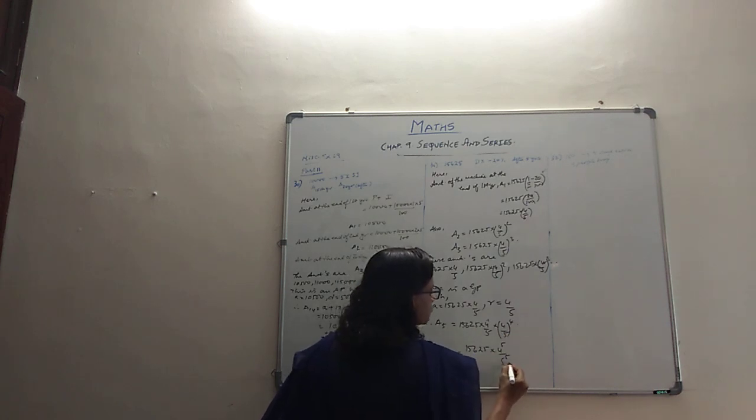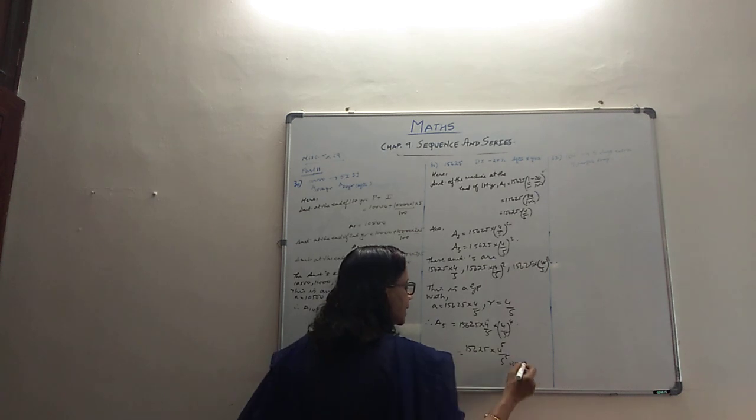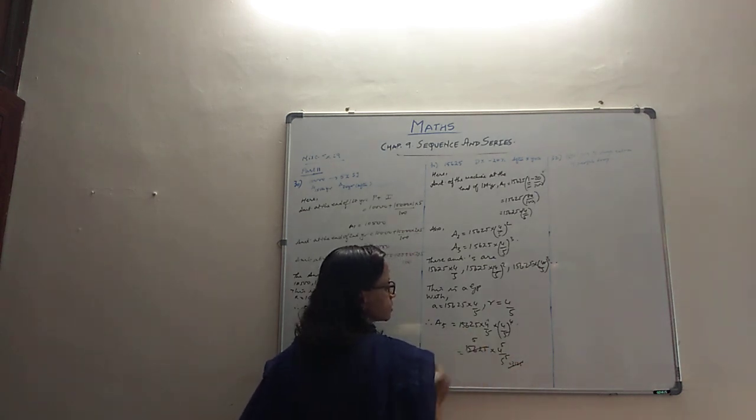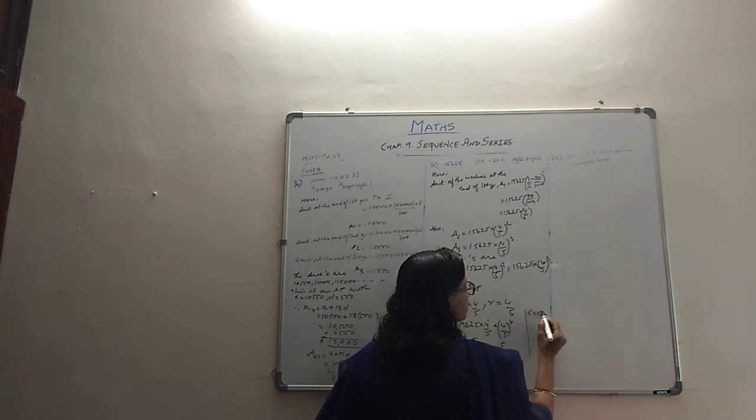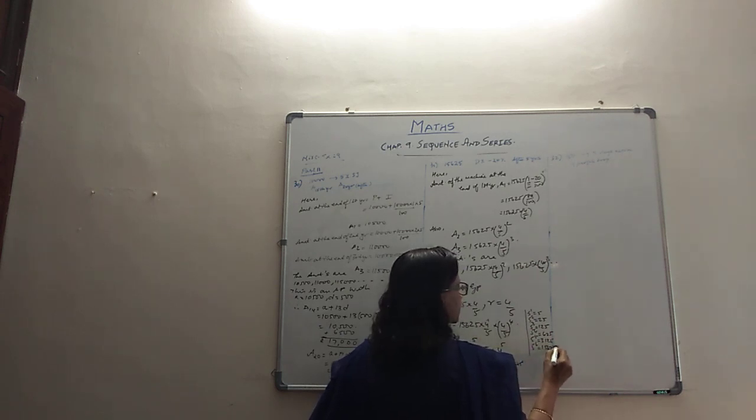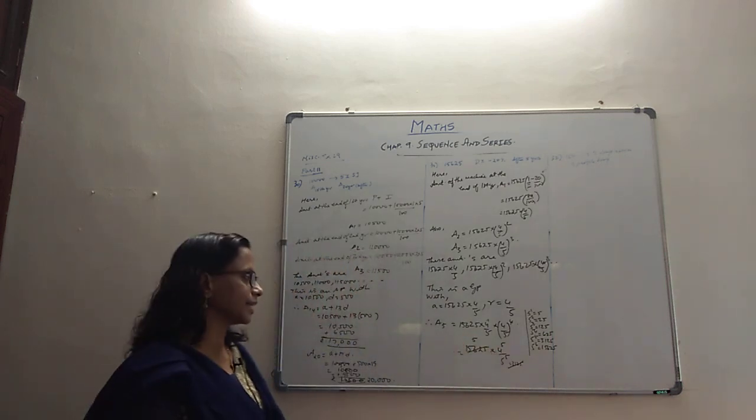Now 5 raised to 5 is 3125, whether we know it. I don't know whether we know the powers of 5. 5 raised to 1 is 5, 5 raised to 2 is 25, 5 raised to 3 is 125, 5 raised to 4 is 625, 5 raised to 5 is 3125, 5 raised to 6 is 15625. That's why we got it cut like that.